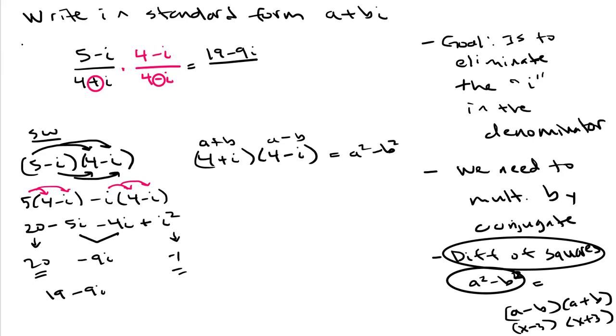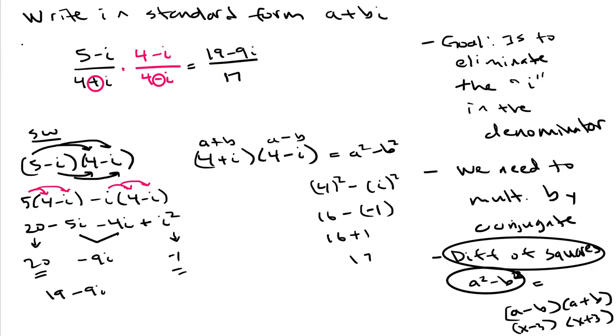A is 4, so that's 4 squared, and b is i, so that's i squared. 4 squared is 16, and i squared is negative 1, so two negatives make a positive: 16 plus 1 gives me 17. That's what goes on the bottom.